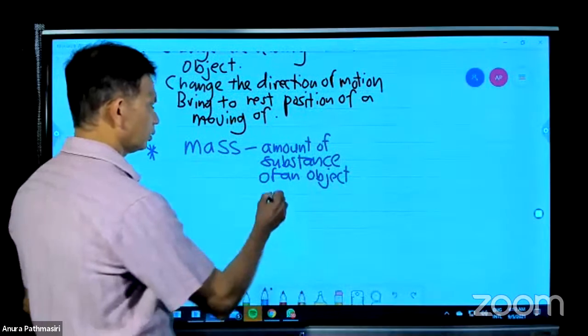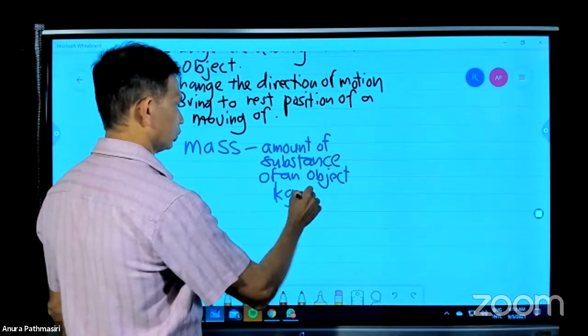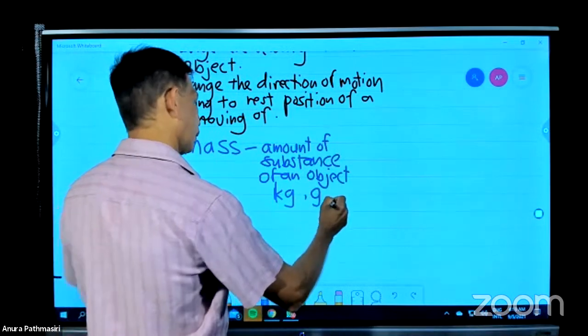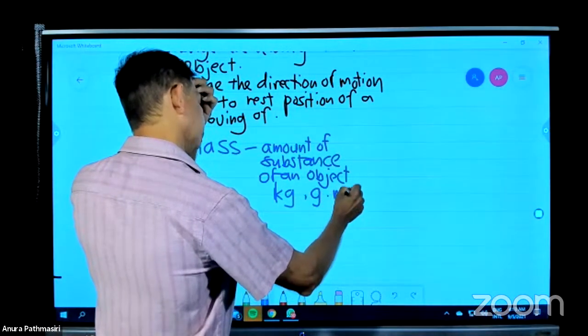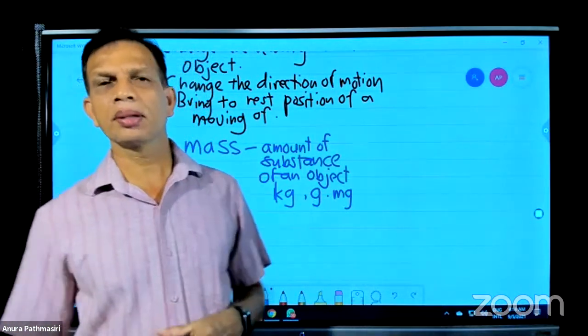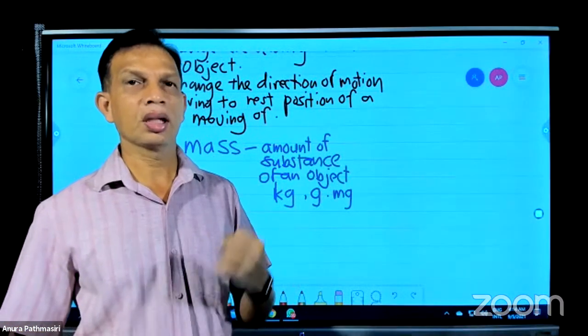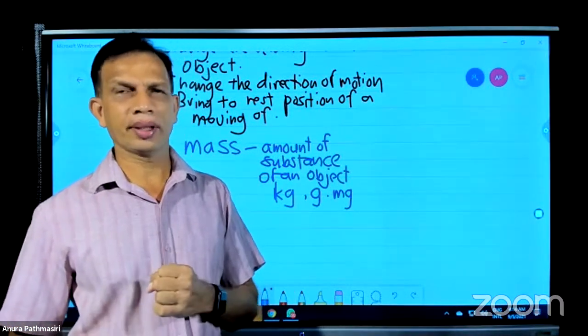Measured in kilogram, gram, milligram. But remember, when we are discussing physics, it is always kilogram, not gram.